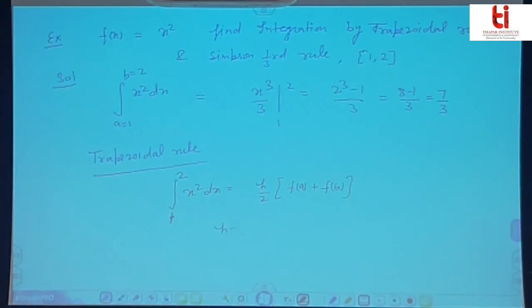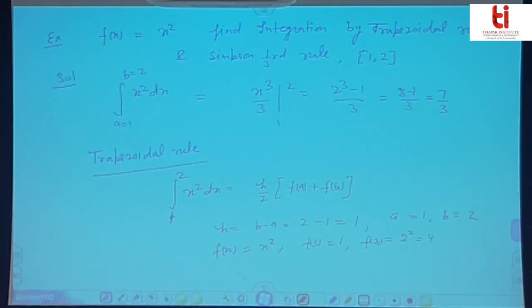So h is what in this case? b minus a. b is the upper limit, 2, minus the lower limit, 1. a is 1, b is equal to 2, and the function is x square. So f of 1 is 1, f of 2 is 4.